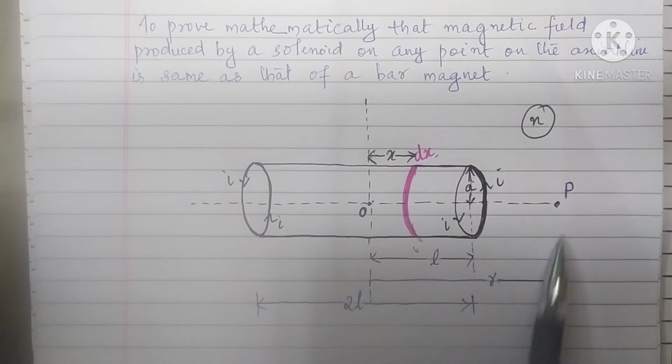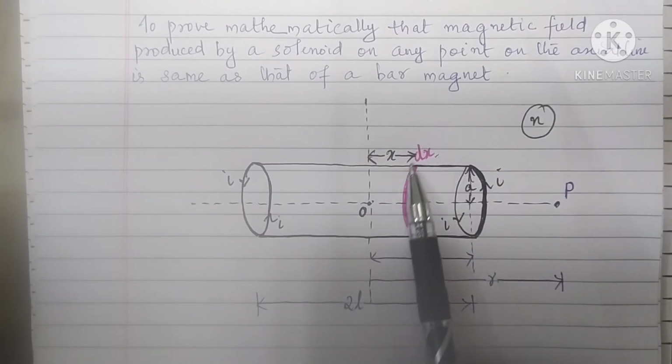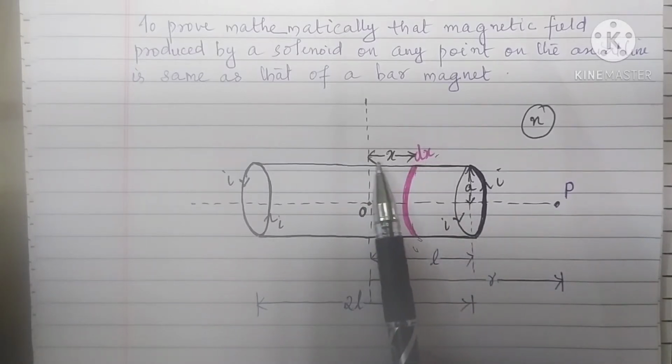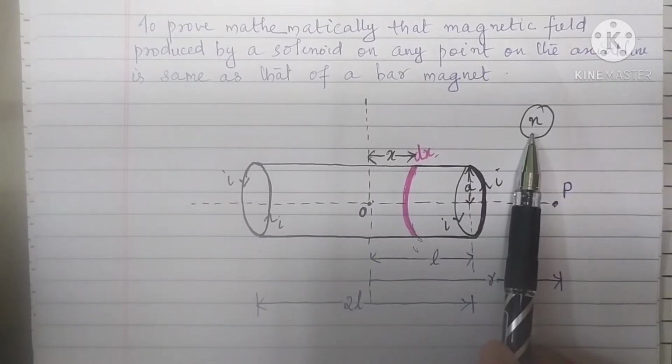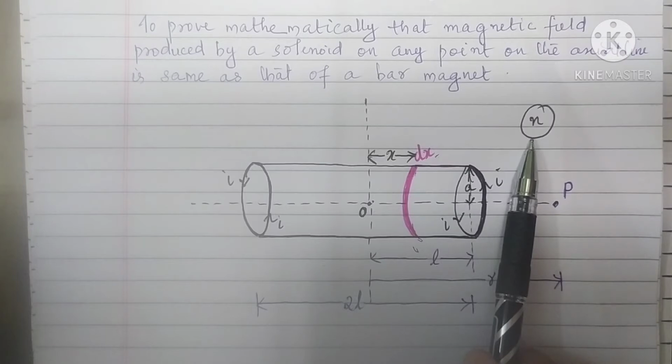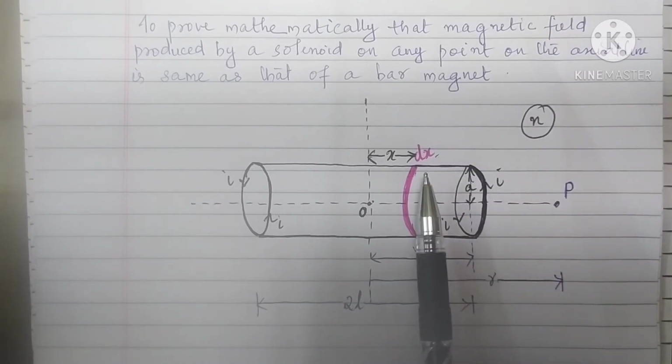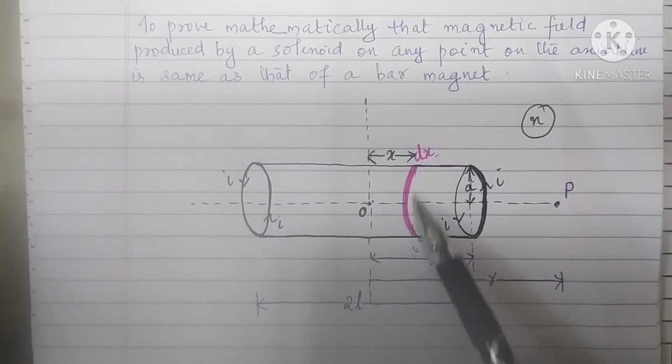Then this P is at a distance of R from the center. Also we have considered a small element of thickness dx, which is at a distance of x from the center. So if the total number of turns per unit length is n, what about the number of turns in this element?